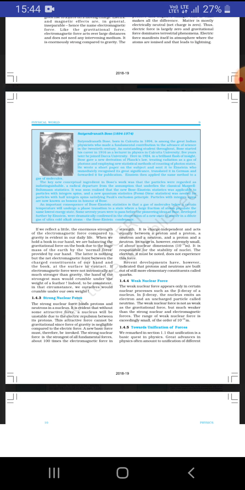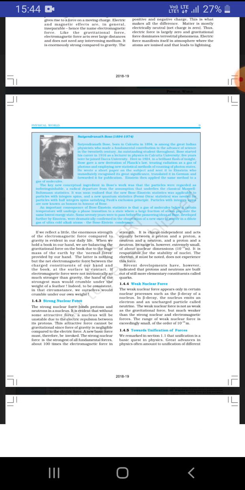Now the weak nuclear force appears in certain nuclear processes, such as beta decay of a nucleus. In this decay, the nucleus emits an electron and an uncharged particle called the neutrino.